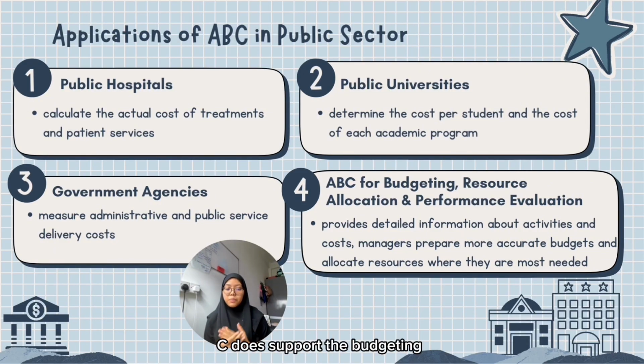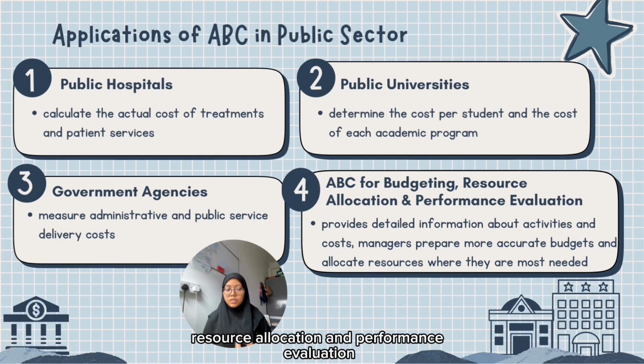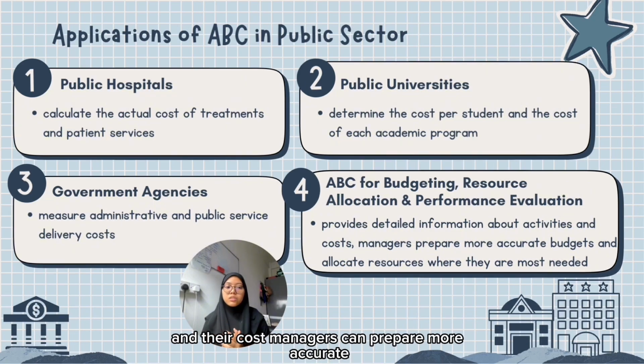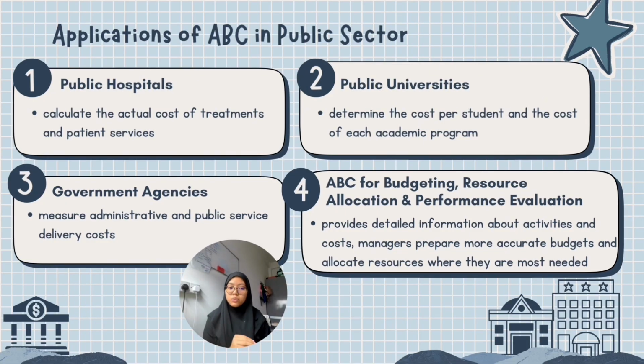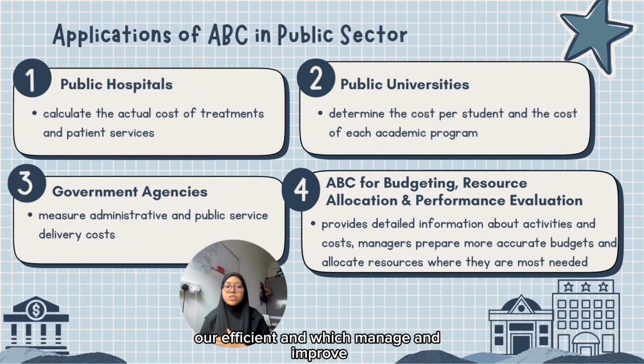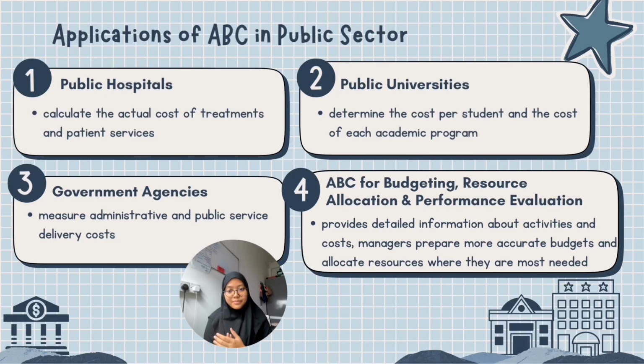ABC does support budgeting, resource allocation, and performance evaluation because it provides detailed information about activities and their costs. Managers can prepare more accurate budgets and allocate resources where they are needed the most. It also helps evaluate performance by showing which activities are efficient and which may need improvement.